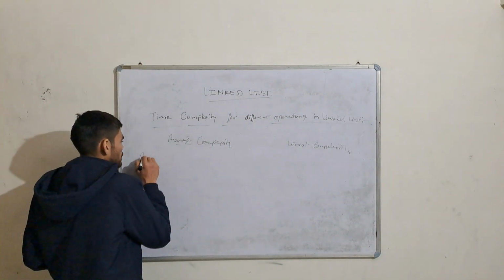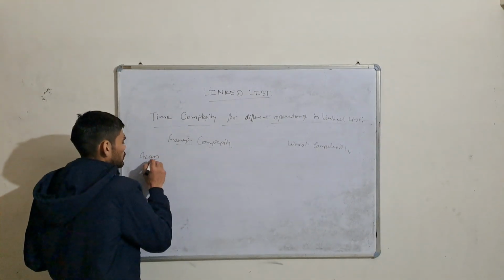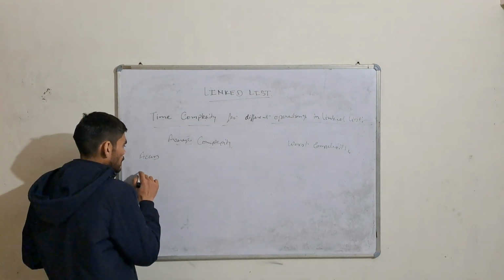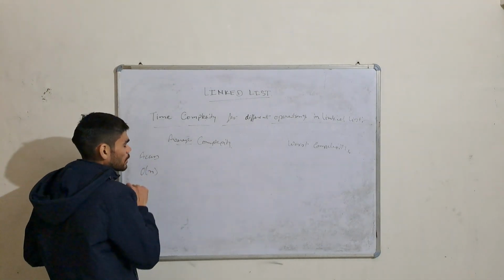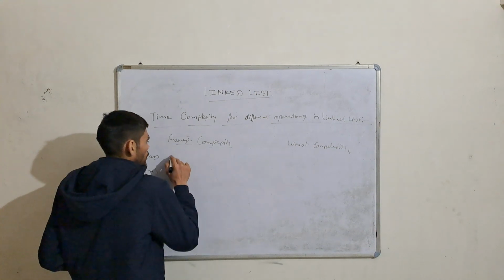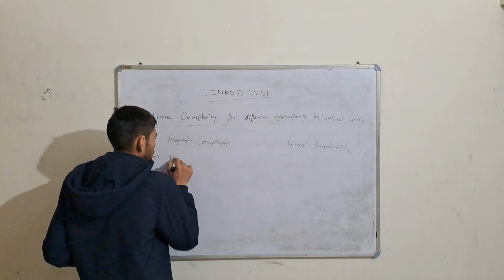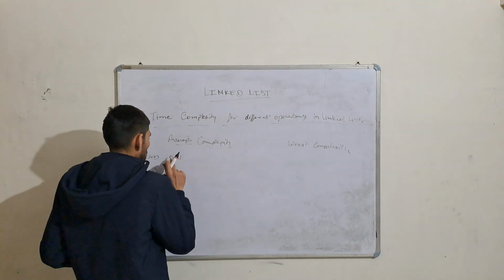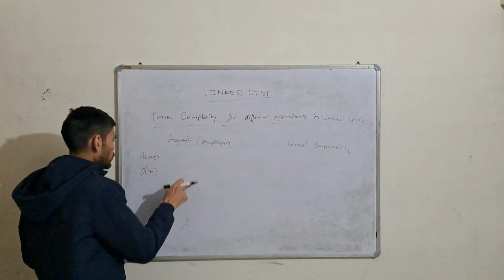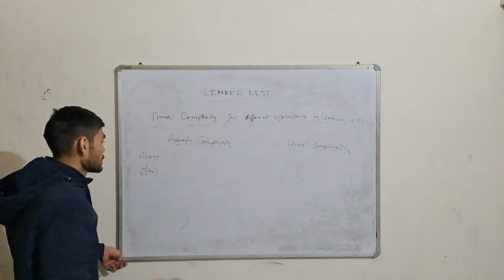For accessing, the complexity is big O of n, and for searching it's big O of n.